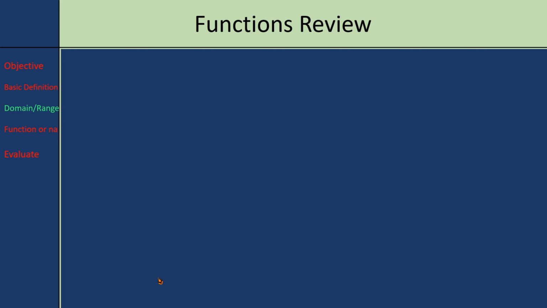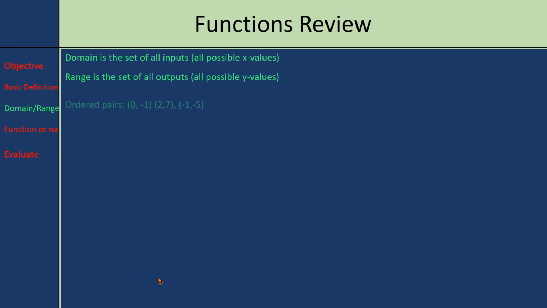And then we have to talk about domain and range. Domain is the set of all inputs. So you write it some way to show all the inputs, all the possible x values in your function. And the range is the set of all outputs, so all possible y values. So let's look at these ordered pairs that we had earlier.